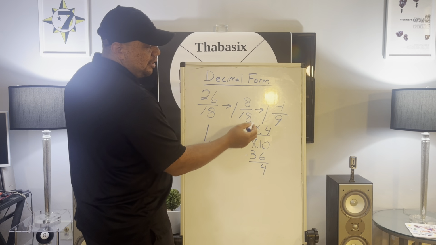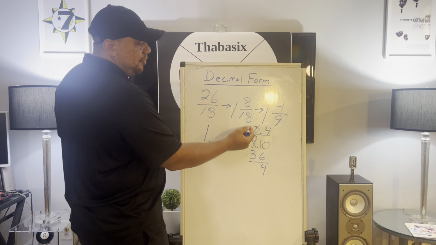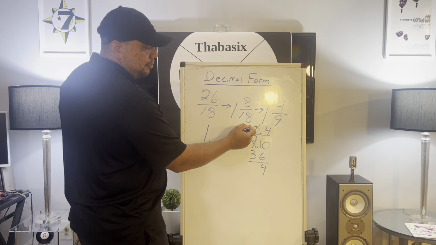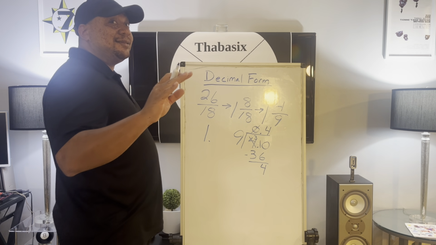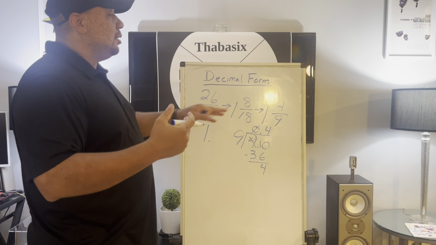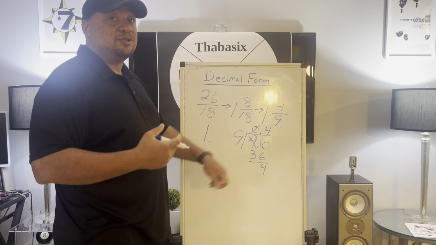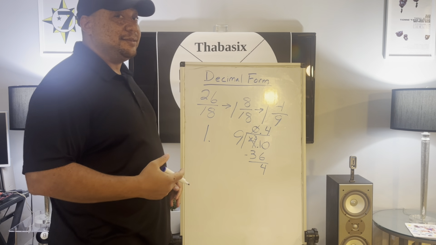Where the 0 is, that's the ones column. If we went the other way, to the left, this would be the tens column. So I'm going to take this 3 places, and then we're going to round the number to the nearest hundredth. If they don't say anything about decimal form, the standard is usually 2 places.